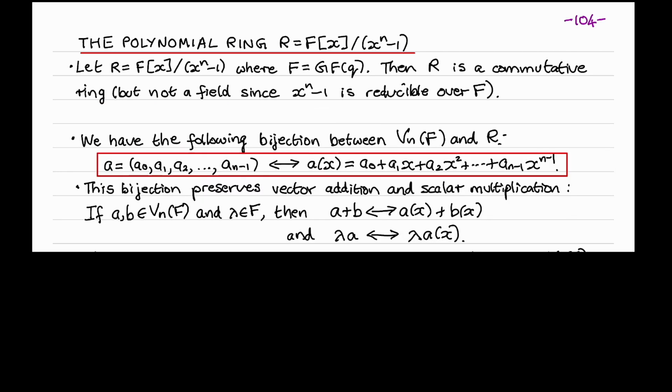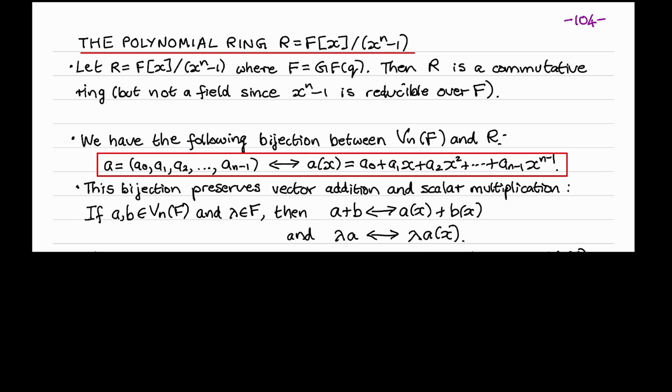We have this natural bijection between the elements of the vector space of dimension n over F and elements of the polynomial ring R. Namely, a vector A of length n is associated with the polynomial a of x of degree at most n minus 1, whose coefficients are the components of the vector A. This bijection preserves vector addition and scalar multiplication in the following sense.